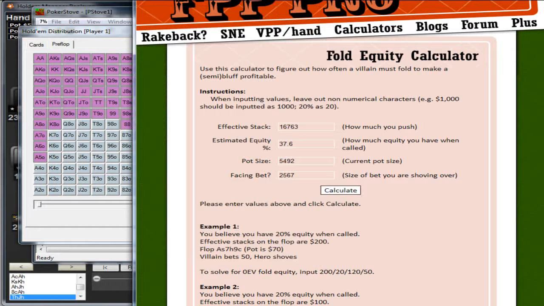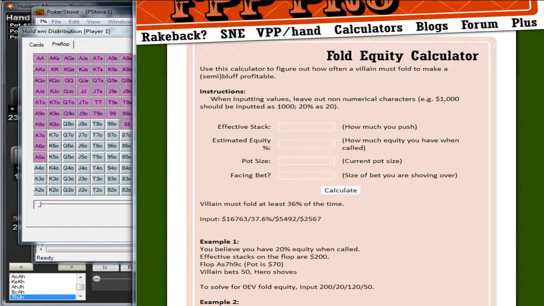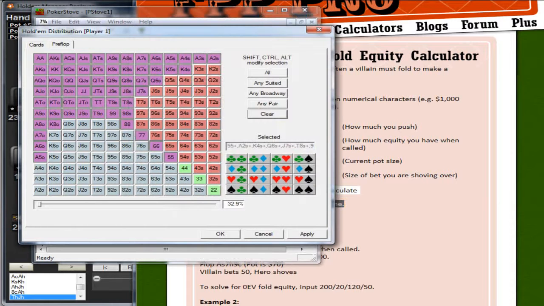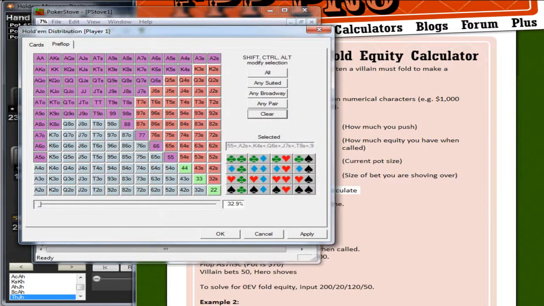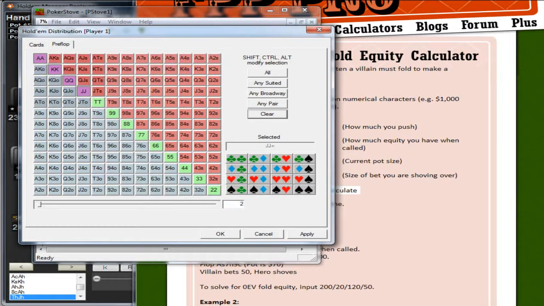Let's see what we need. He must fold at least 36% of the time. But we know that he doesn't fold 36% of the time, because 36% of the time would mean that he calls approximately 22%, I believe, something like that, 23%.